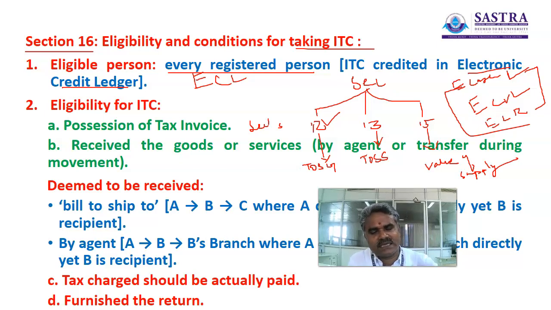Basically, you have to pay tax, and that amount will be directly credited. So you have to update what inward supplies and outward supplies you have. Every month you have to upload in the GST portal and file all the returns clearly.